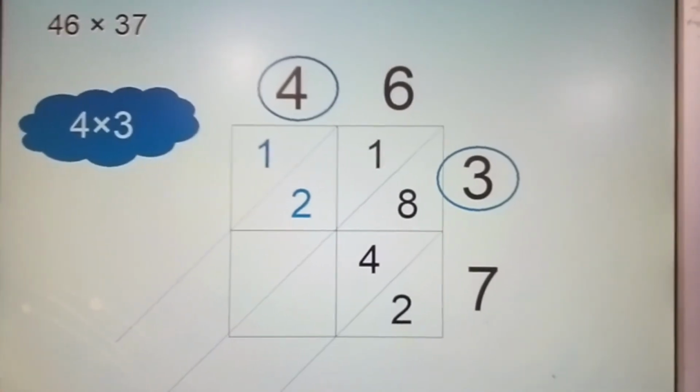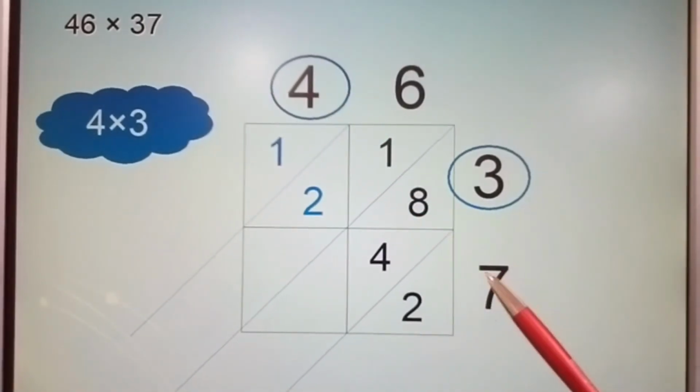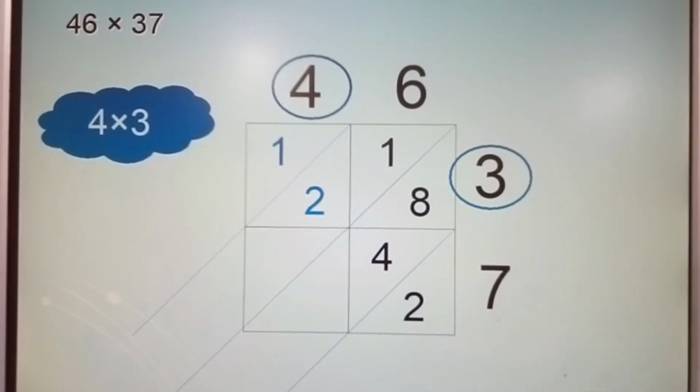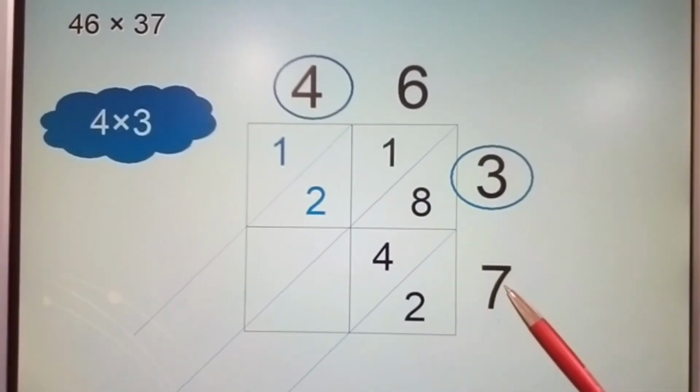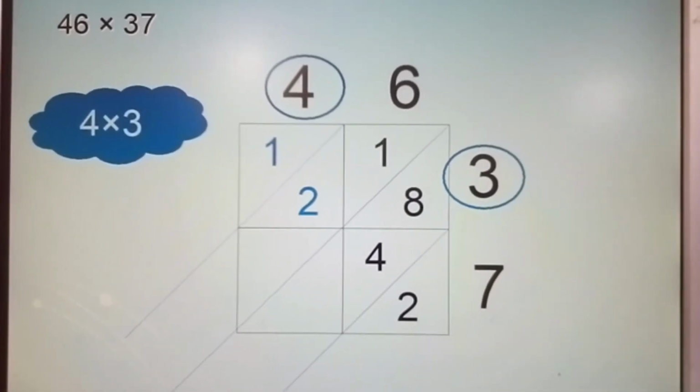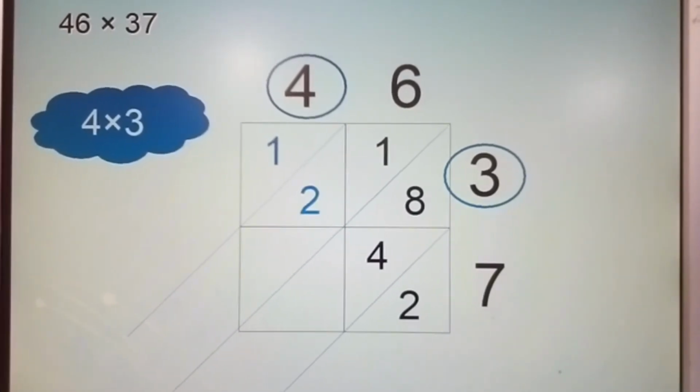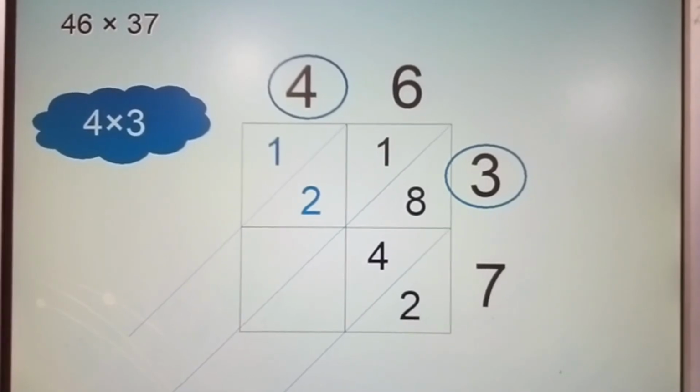Next number we're going to multiply is 4 times 7. And what's 4 times 7? You should have known this from the times tables I've put onto my channel. So if you don't know your timetables by now, you need to go and learn them.